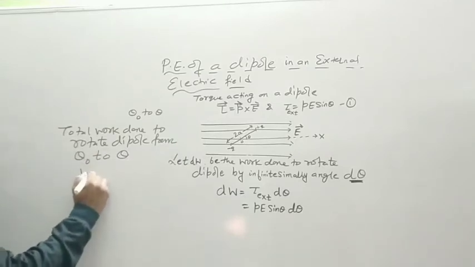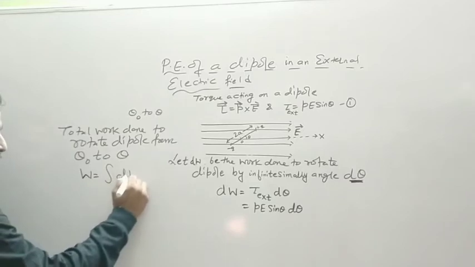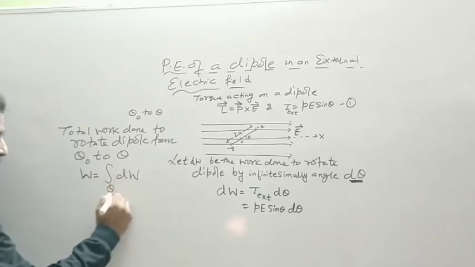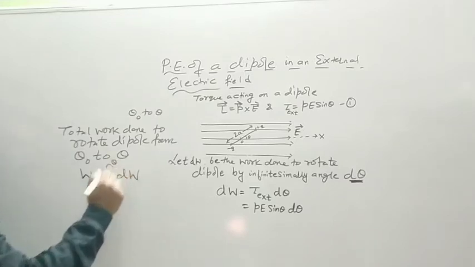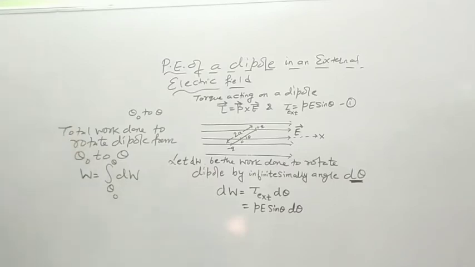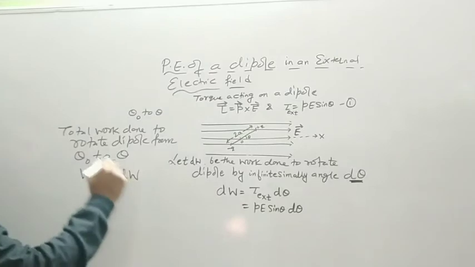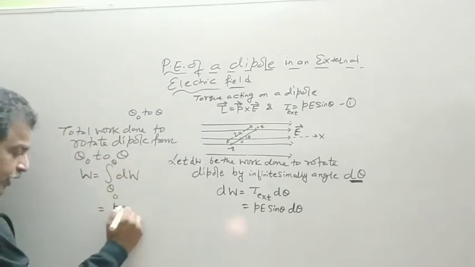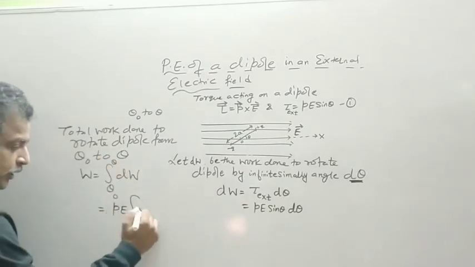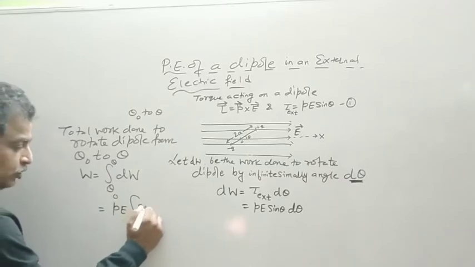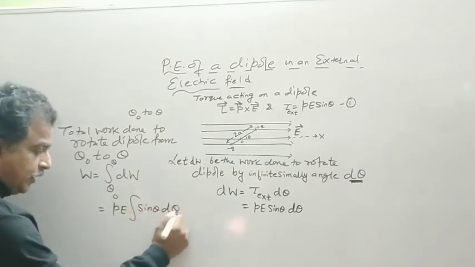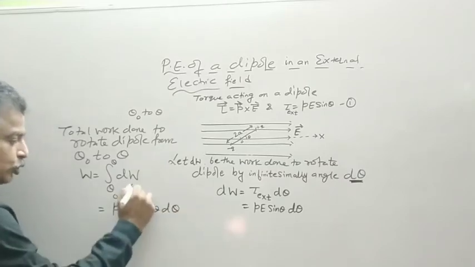Then W should be equal to the integration of dW. The limit is from theta naught to theta, or say theta 1 to theta 2, any symbol we can take. This is equal to, substituting this equation, PE constant outside the integration, so sin theta d theta, limit theta naught to theta.